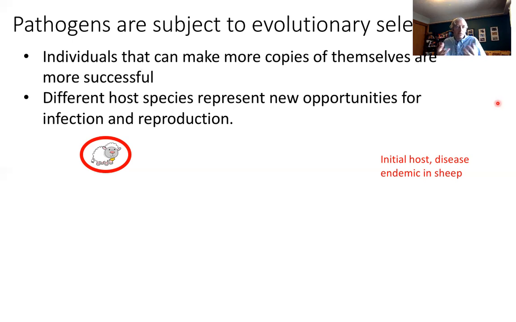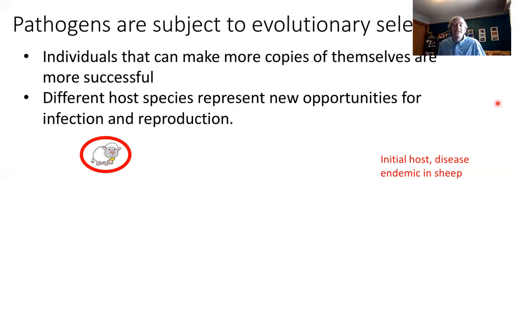So if you're a pathogen, different host species represent new opportunities for infection and reproduction. So think about this, if we go back to the concept of islands. If you're a bird that can potentially move between islands, each one of those islands represents a new opportunity for you to colonize a whole new area, which might mean there's new resources.